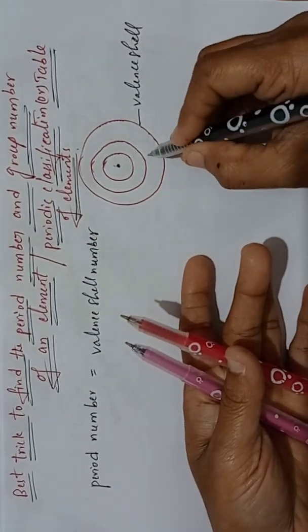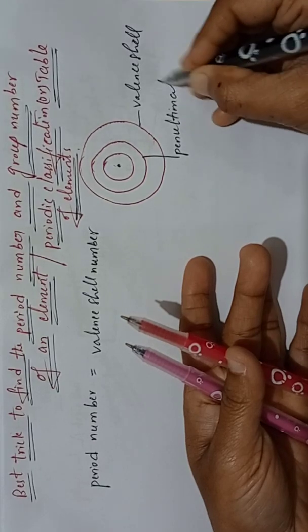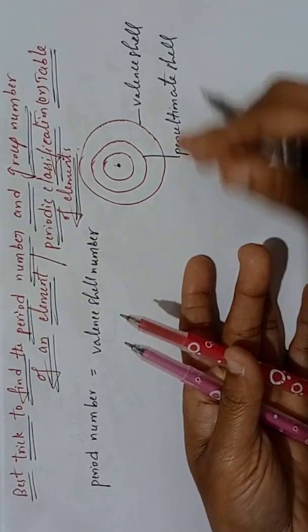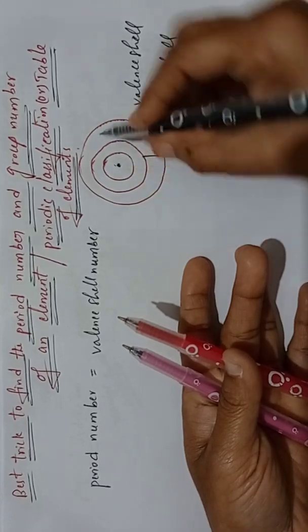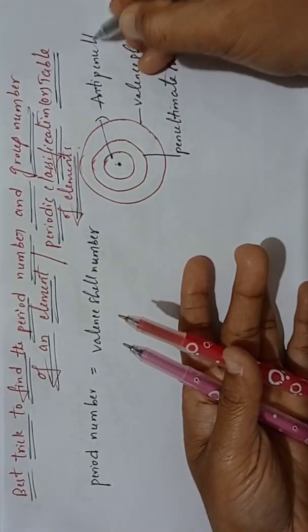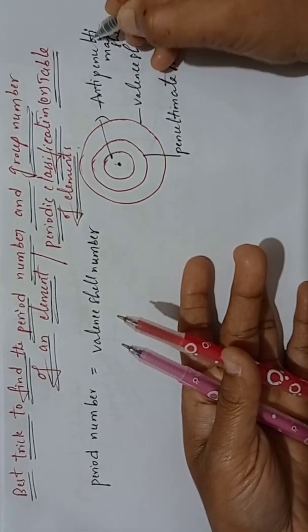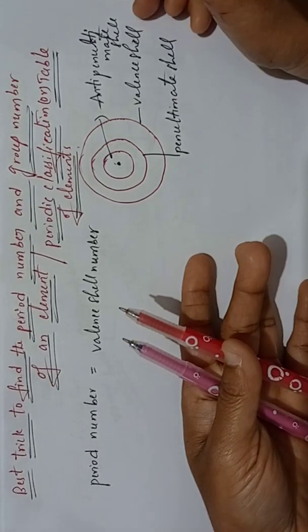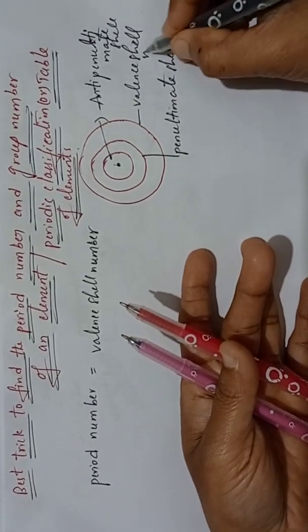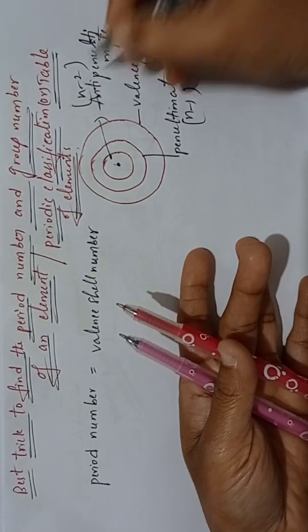The shell just before the valence shell is called the penultimate shell. The shell just before the penultimate shell is called the anti-penultimate shell. The valence shell is represented by n, the penultimate shell n minus 1, and this is n minus 2.